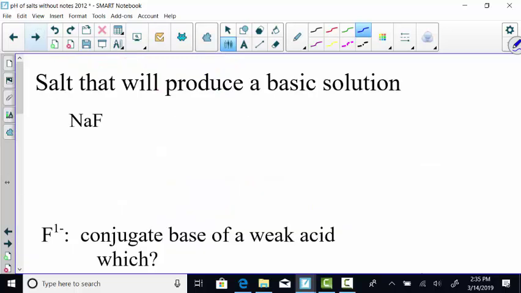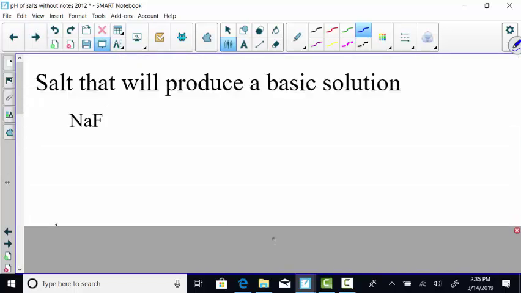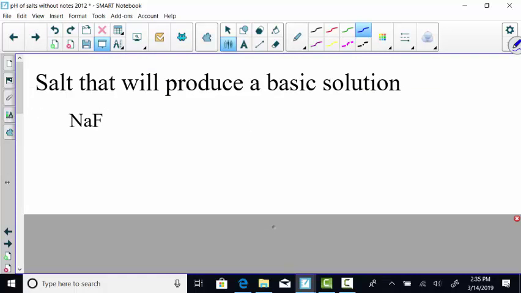So then, what salts will produce a solution that's acidic or basic? And we're going to start with salts that produce basic solutions. Okay, and our first salt that actually will produce a basic solution is going to be NaF. Okay, now, if you take NaF, first of all, and you break it apart, you get Na+ ions and F minus ions.